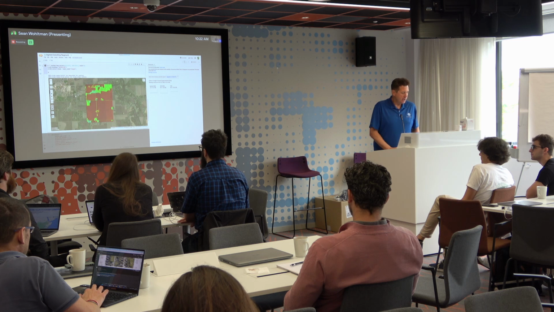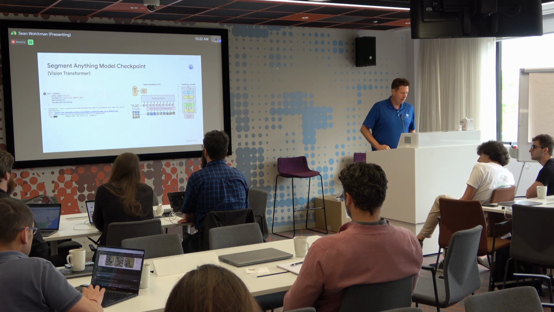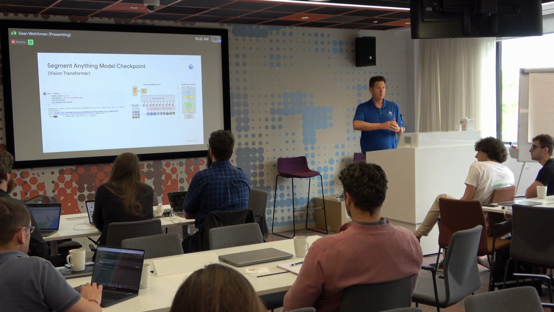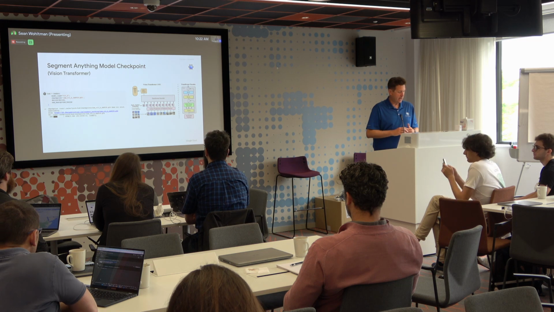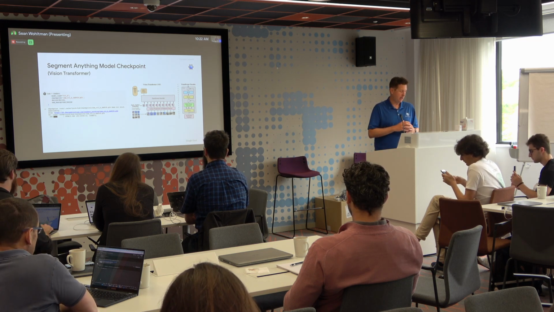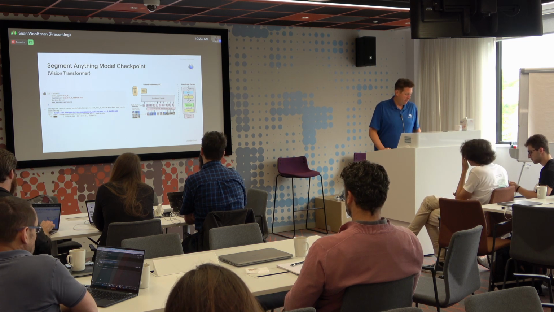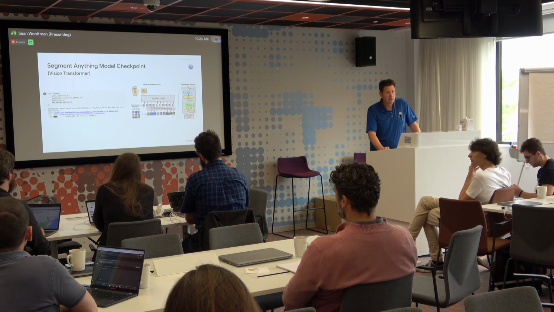So anyway, we load up this first image, and now what we're going to do is try to segment it. So that works by defining the SAM geo method. And one of the things you need for it is a checkpoint.